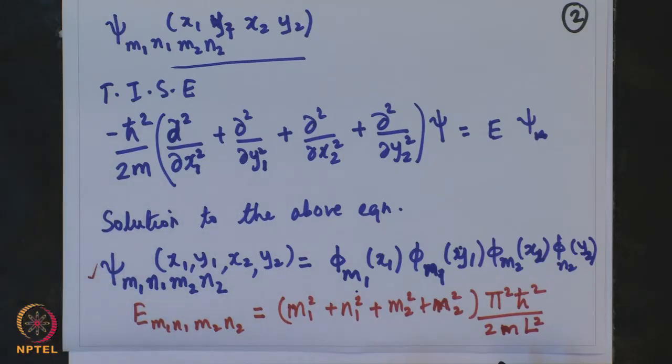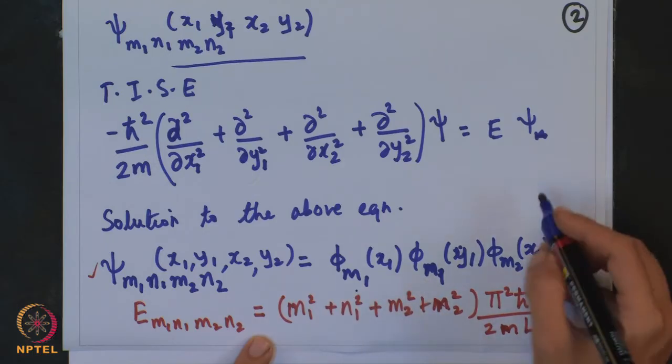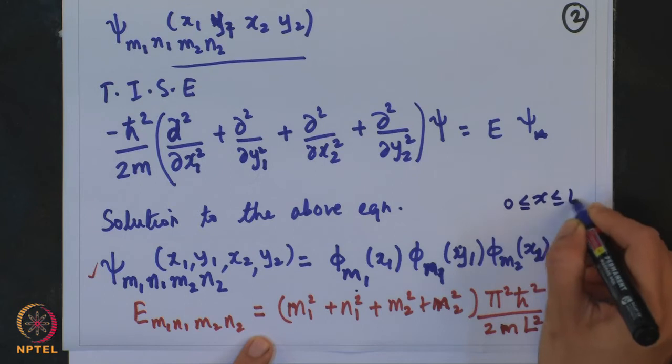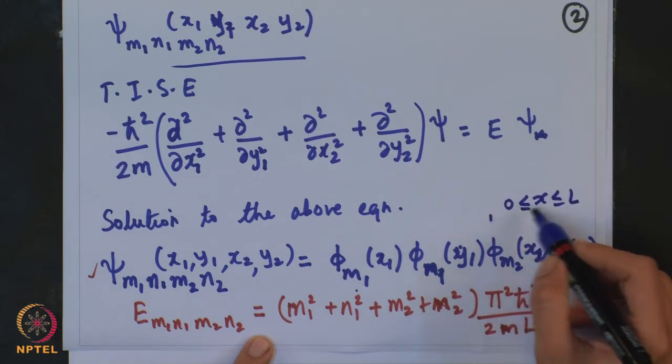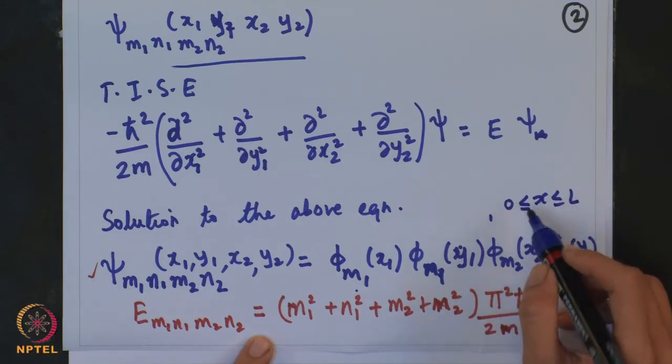And remember that the wave function is of this form in the region x greater than 0 and less than L, that is inside the box.